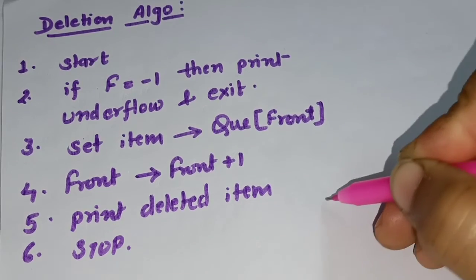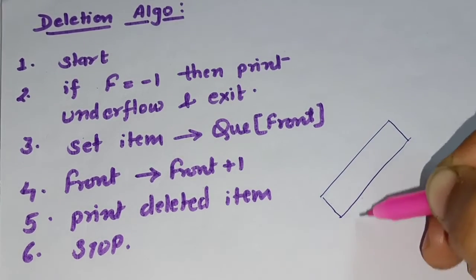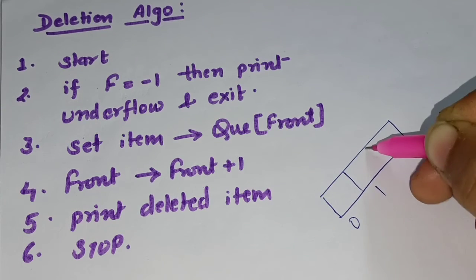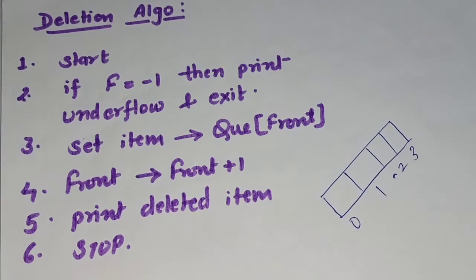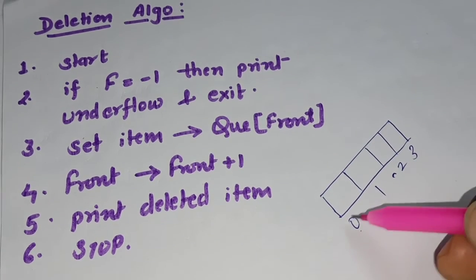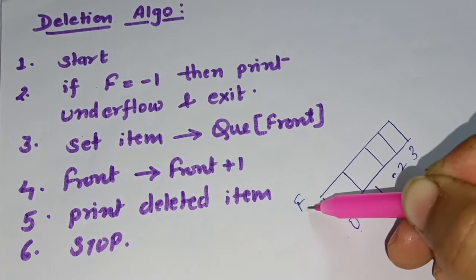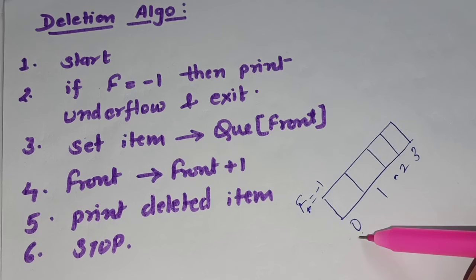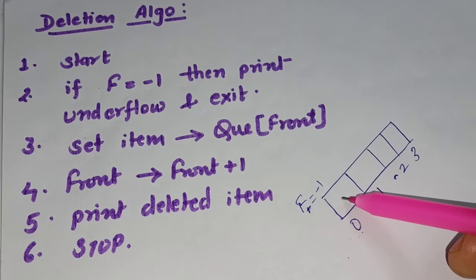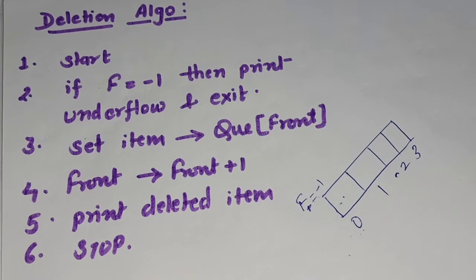Front is -1 means, suppose this is a queue. Okay, it starts with index 0, 1, 2, 3. When your front value is -1, it means before index 0, and in this index there is no value, so your f value is equal to -1.